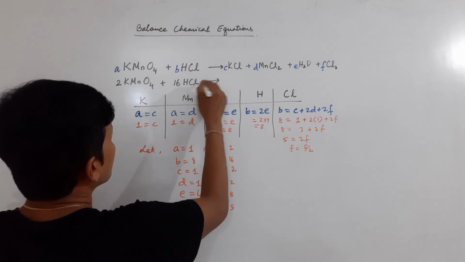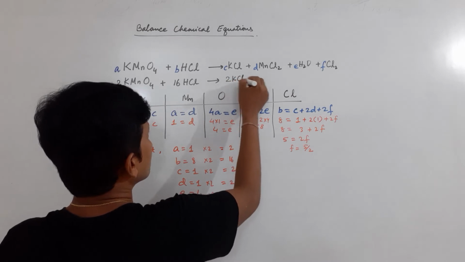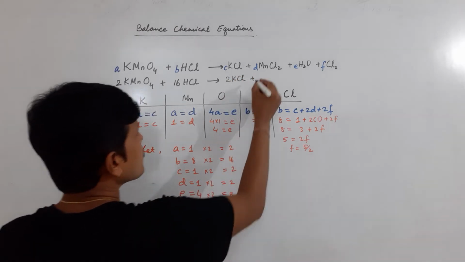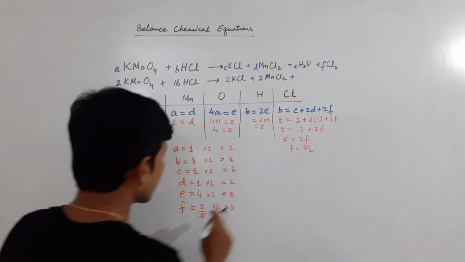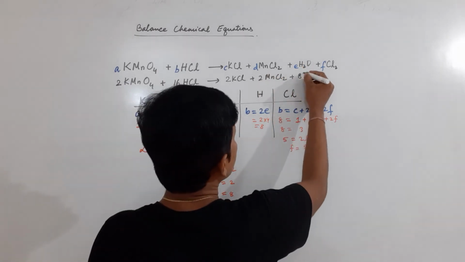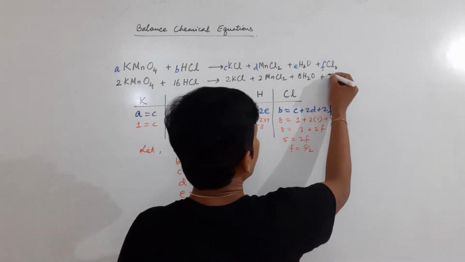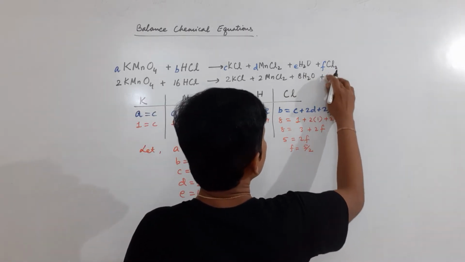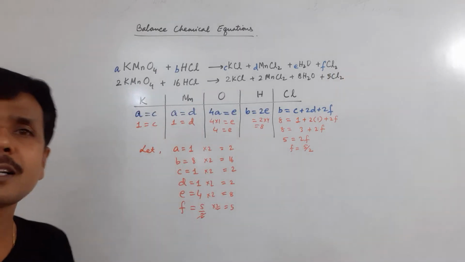Then we have C, which is equal to 2, so I am writing 2KCl. In place of D, I am writing 2, that is 2MnCl2. Now in place of E, I am writing 8, that is 8H2O. And in place of F, I am writing 5, that is 5Cl2.